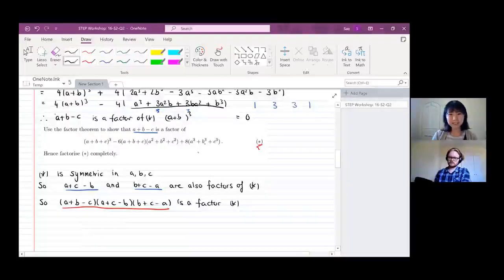If we consider star to be a cubic in C, this is a degree 3 polynomial in C, and this thing here is also a degree 3 polynomial in C. And similarly, if we consider them as polynomials in A, they're both degree 3. And so that tells us that they can only differ by a constant multiple.